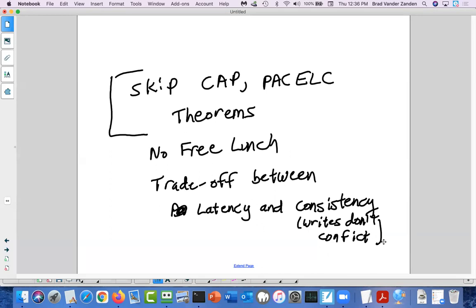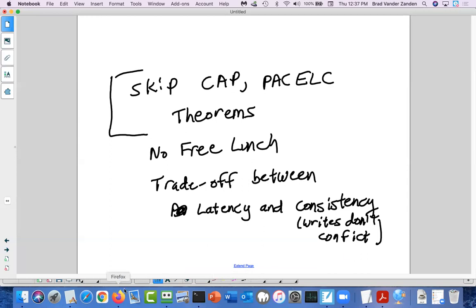And you can't have your cake and eat it too. You can have one or you can have the other, but you can't have both. You can have low latency, in which case consistency has to be traded off, or you can have consistency, but then your latency will go up. So that's the essence of them, but we will not talk about them because I want to get to MongoDB.